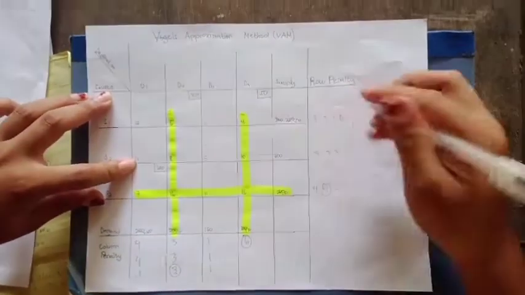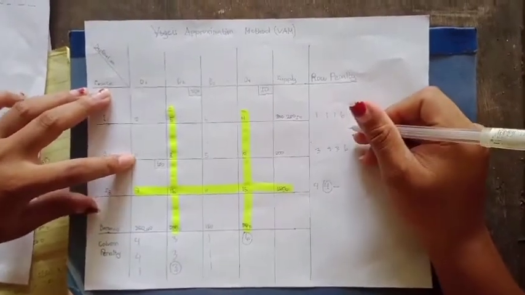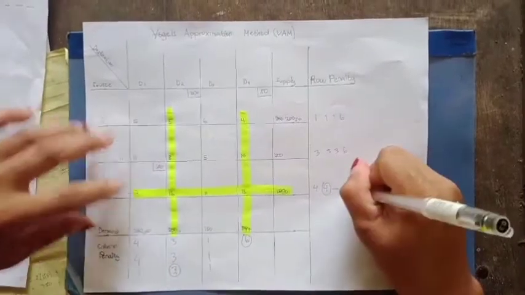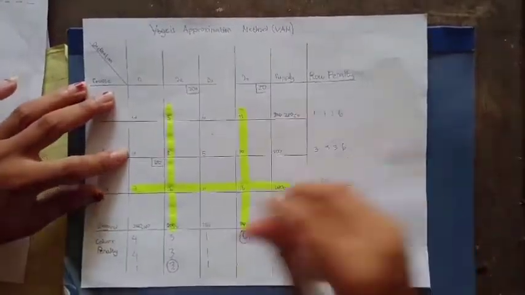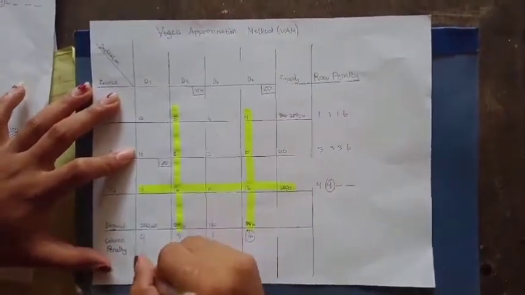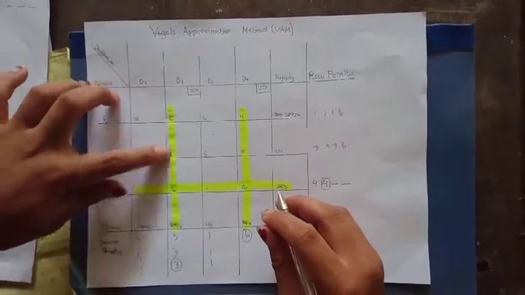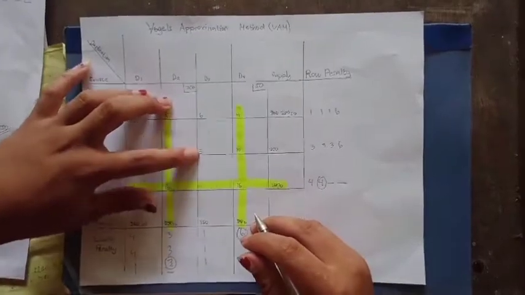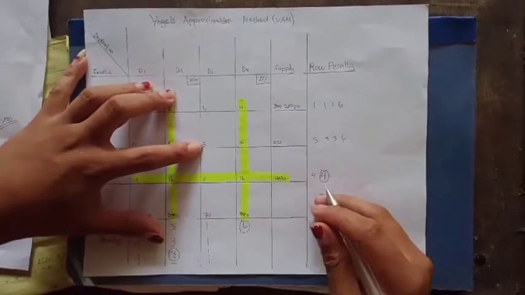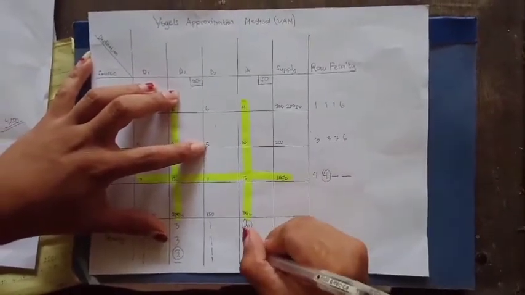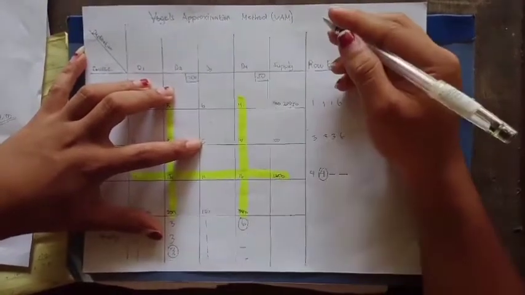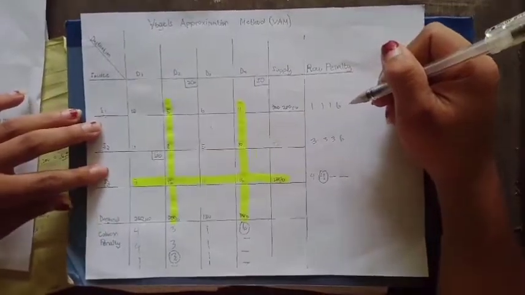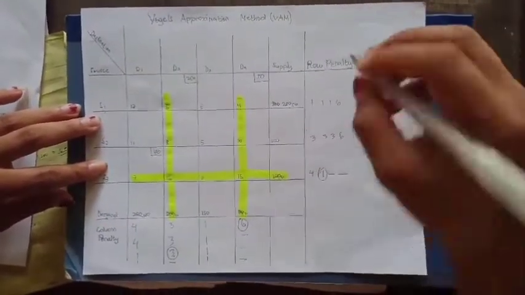So same process, 12 minus 6, we have 6. 11 minus 5, we have 6. Then it's already satisfied. Then 12 minus 11, we have 1. Then it's already satisfied. Then 6 minus 5, we have 1, and then this is already satisfied. So we need to find the biggest value, so we have 6.